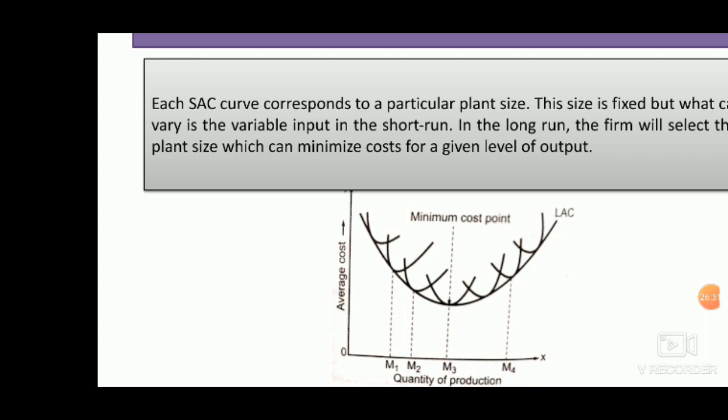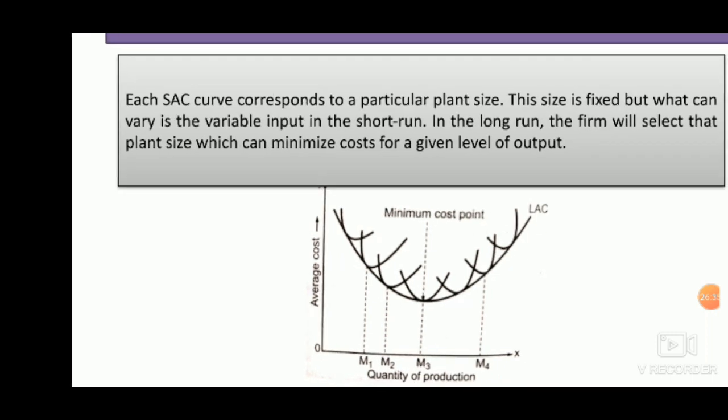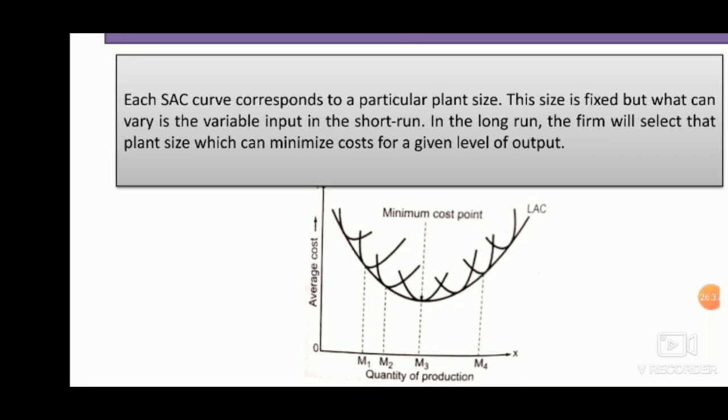Each SAC curve corresponds to a particular plant size. This size is fixed, but what can vary is the variable input in the short run. In the long run, the firm will select that plant size which can minimize cost for a given level of output.